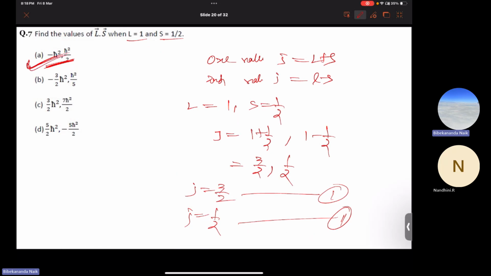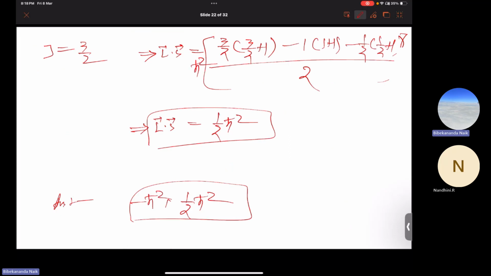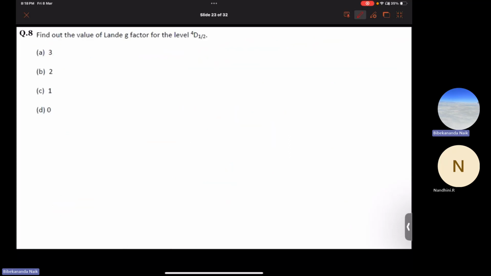Is this clear to you? Okay, so let's go to the next question. The question says find out the value of Landé g factor for the level 4F 1/2. Option A is 3, option B is 2, option C is 1, and option D is 0.